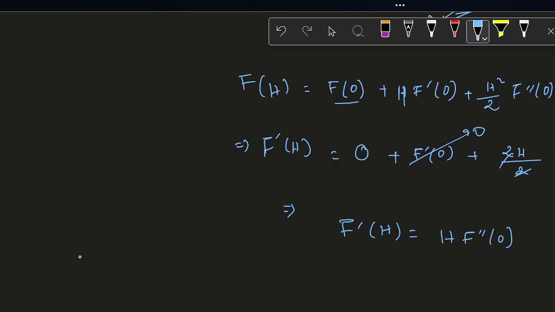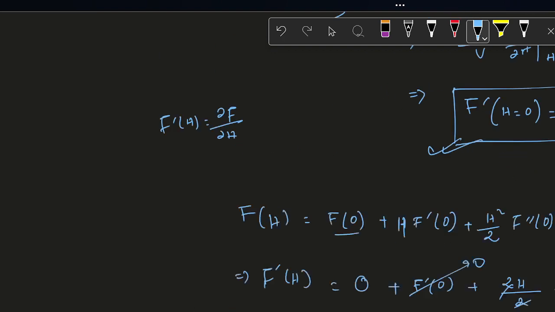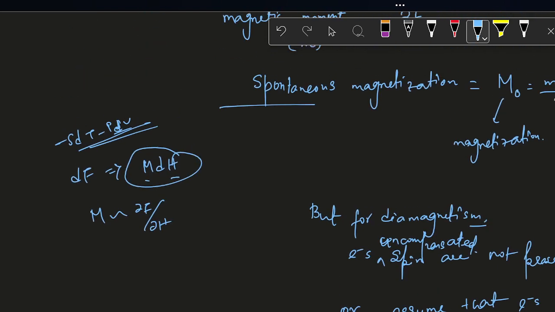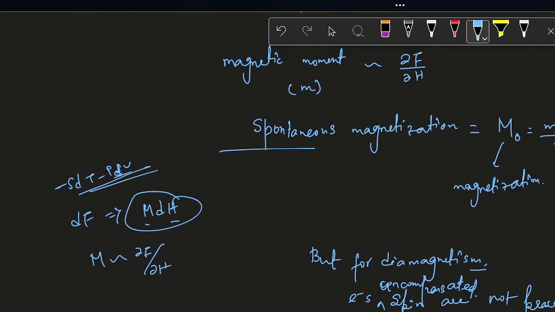Now don't forget that this quantity, magnetization, has a standard form that is minus 1 by v f prime h, right? This I had written down earlier, that this is minus 1 by v del f del h.